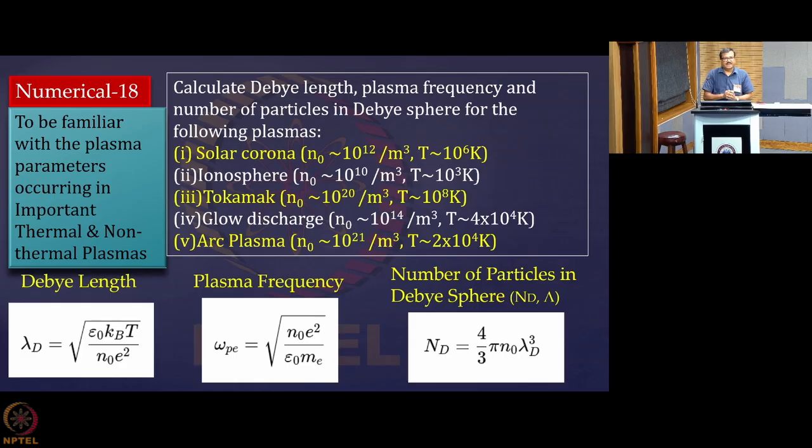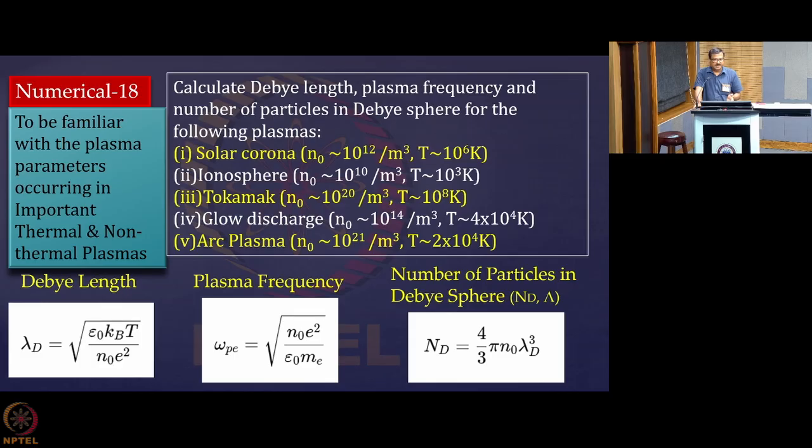This is just to make you familiar with the plasma parameters occurring in frequently encountered plasma systems in different areas. As I have told you, solar corona, ionosphere, tokamak, glow discharge, arc plasma, they are very common in application.